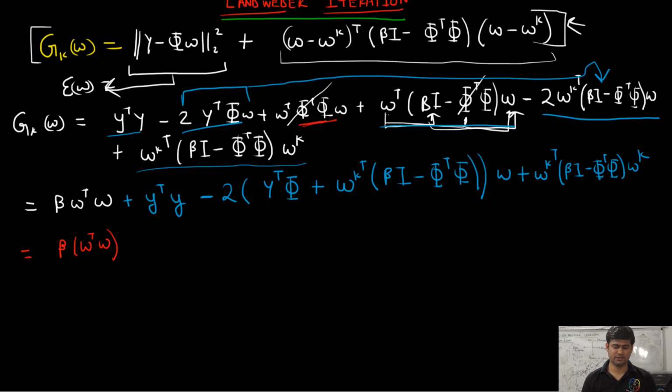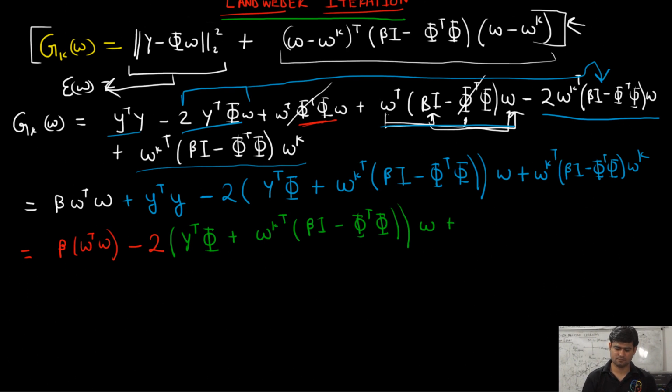We are just left with the quadratic term as w transpose w, minus twice of y transpose phi plus wk transpose times beta I minus phi transpose phi times w, plus y transpose y plus wk transpose beta I minus phi transpose phi times wk.